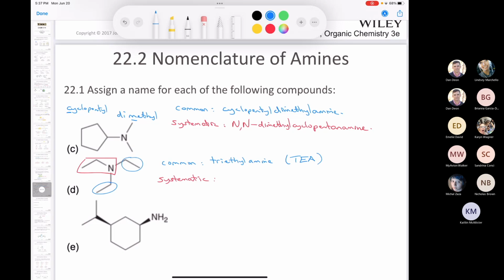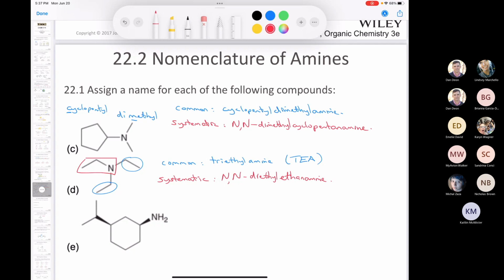And you can see why we like triethylamine. Okay, that's just showing you how it works. But again, I can't imagine the circumstances under which somebody would use that name. So there you go. But it's something we need to know.